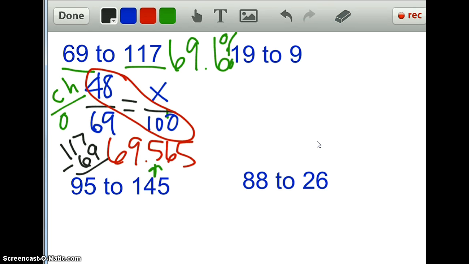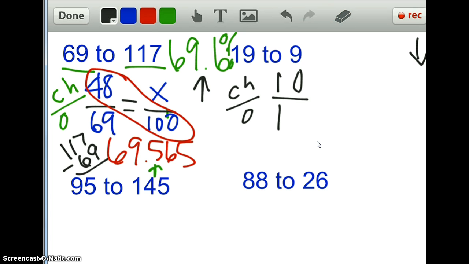All right, so let's try this next one. 19 to 9, is that an increase or decrease? That's a decrease, right? So first thing I've got to do is find my change and my original. From 19 to 9, it changes 10. Does it matter if it's positive or negative? No, I just know that later it's going to be a decrease because it's going down.